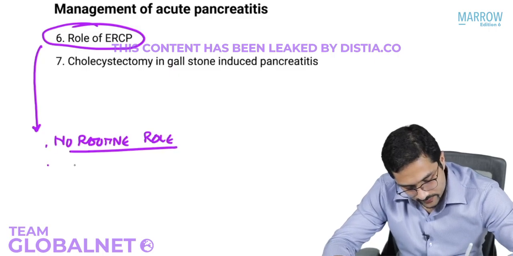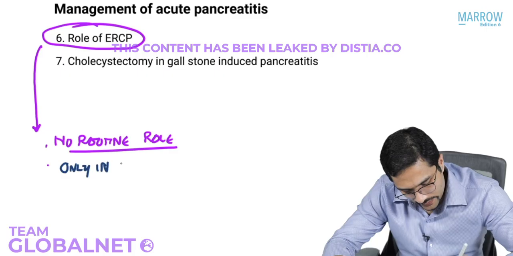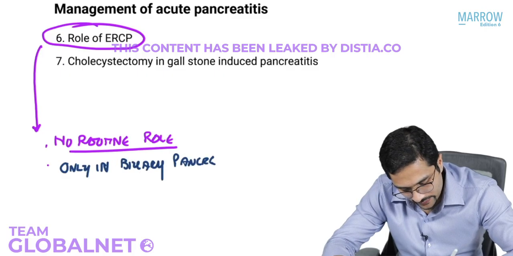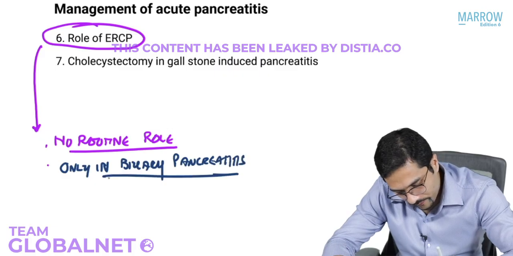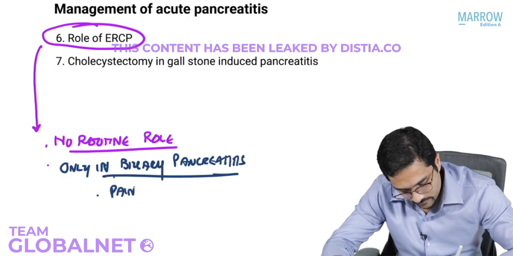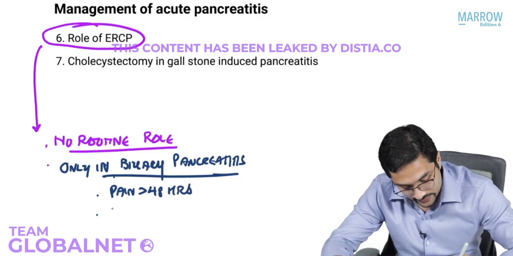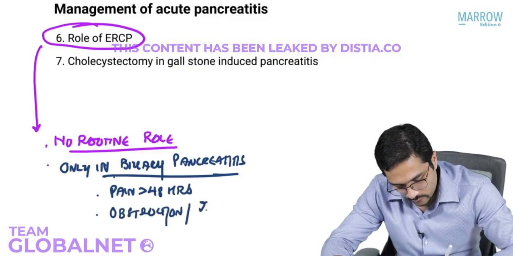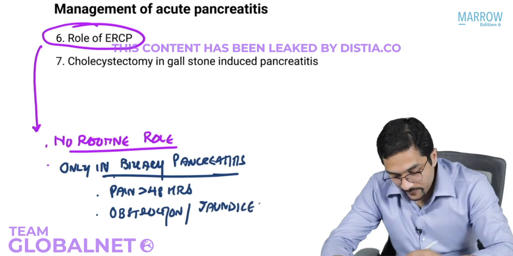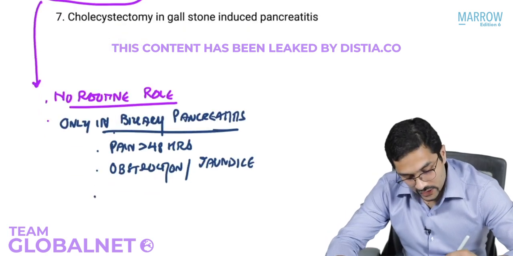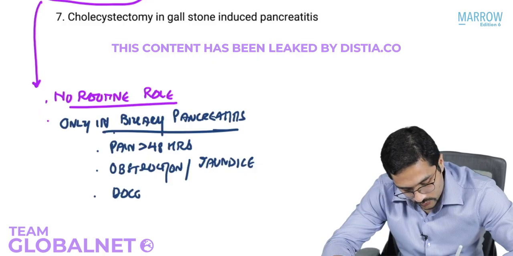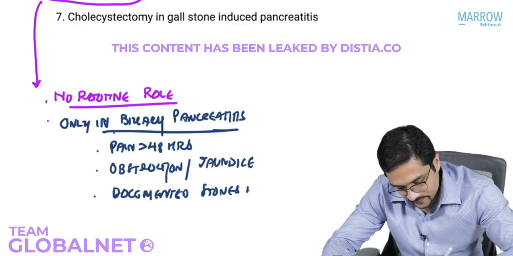It is only in biliary pancreatitis, only when it is gallstone-induced pancreatitis and there is pain which is lasting for more than 48 hours, which is not settling down, when there are features of obstruction and jaundice, or you have a patient where there are documented stones in the CBD.